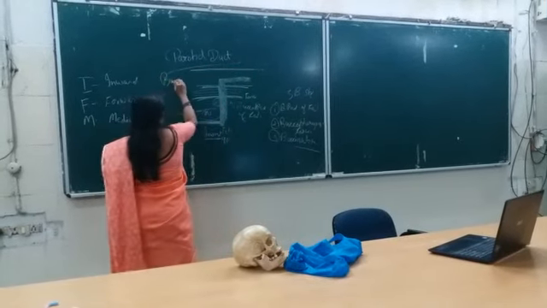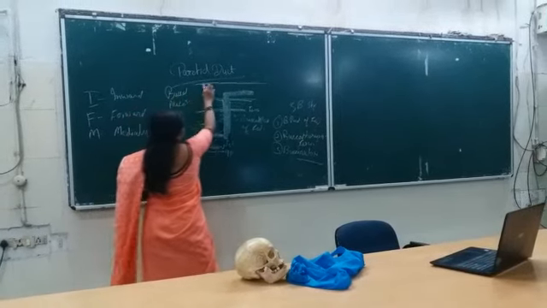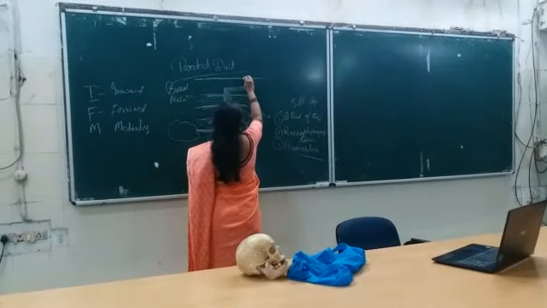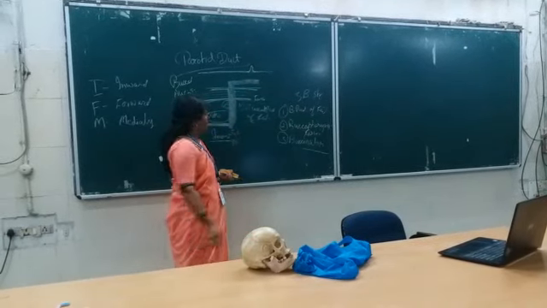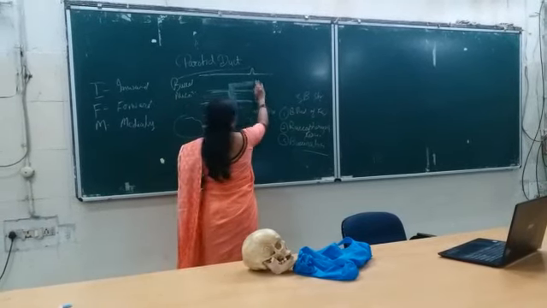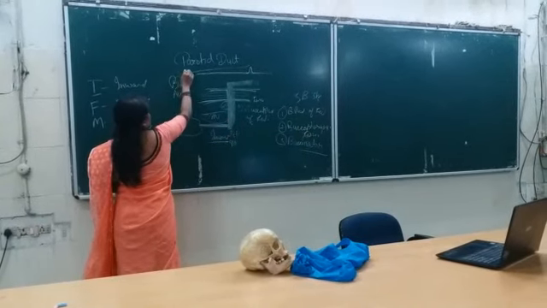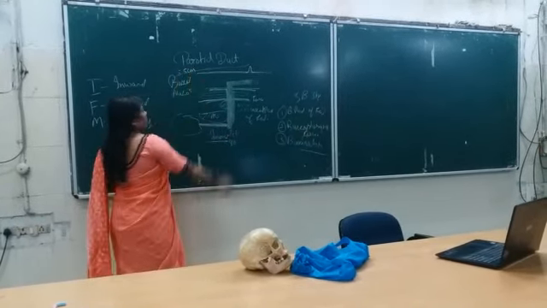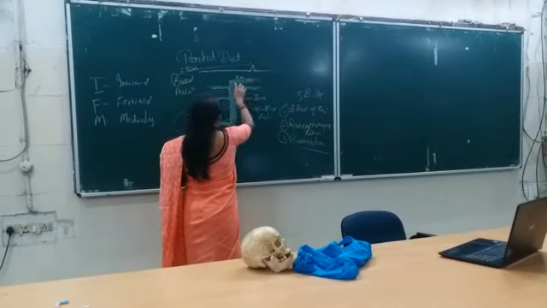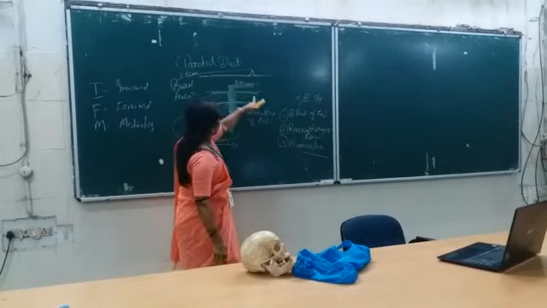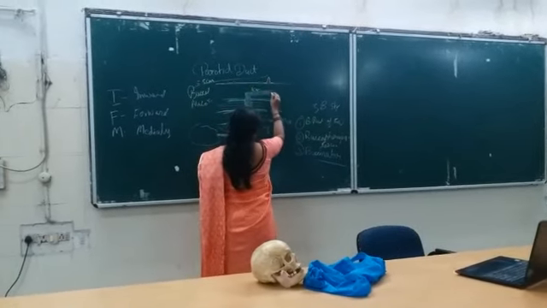And here is the crown of the upper second molar tooth. Just see, the length of the parotid duct is 5 cm. In this 5 cm, 1 cm runs forward in between the buccinator muscle and the buccal mucosa.